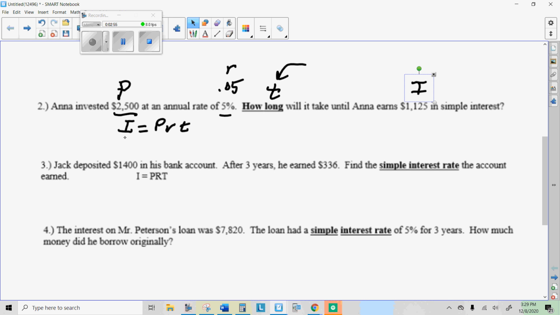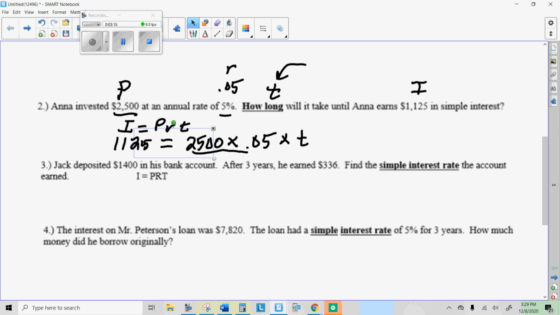So I'm going to set it up like this. I'm going to put the 1,125 for my interest. My principal is 2,500 times my rate, which is 0.05, times my time, which I don't know, so I'm just going to write T for that.